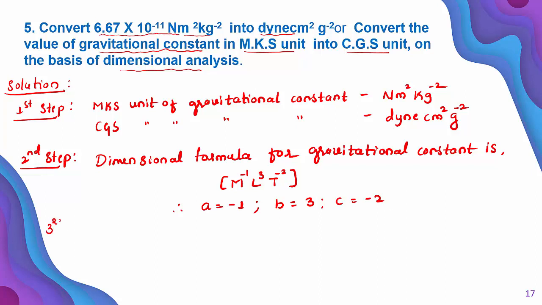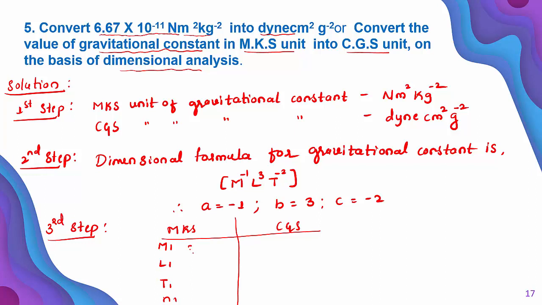Then now we can write the third step. What is the third step? We have to make two columns for MKS as well as for CGS. Let us make two columns and write the values of mass M1, length L1, time T1 and its numerical value N1. We have to write these values, and in CGS let us take it as M2, L2, T2 and N2.